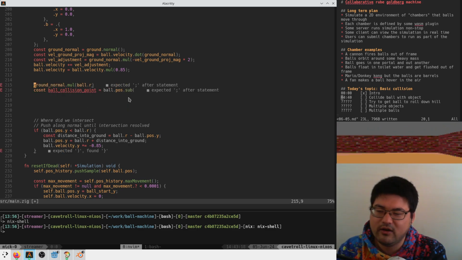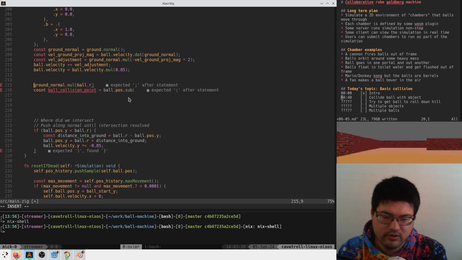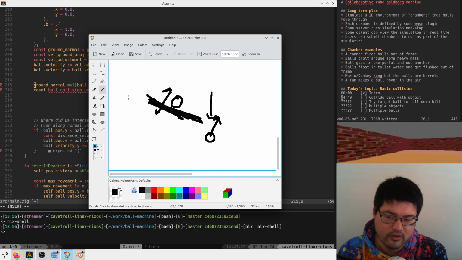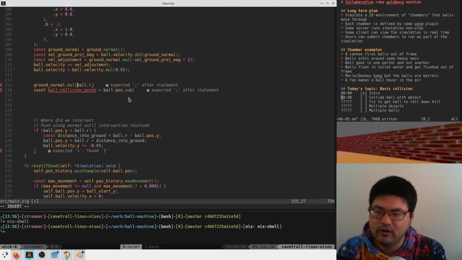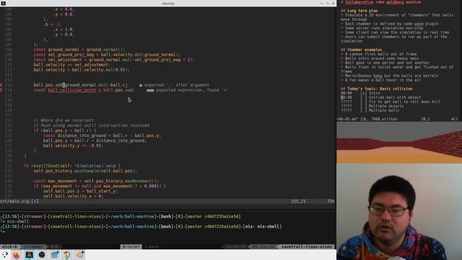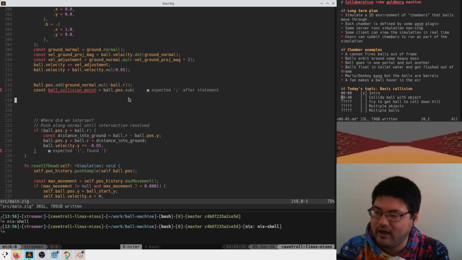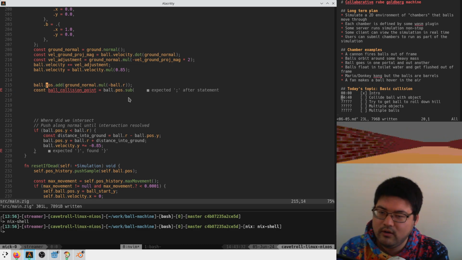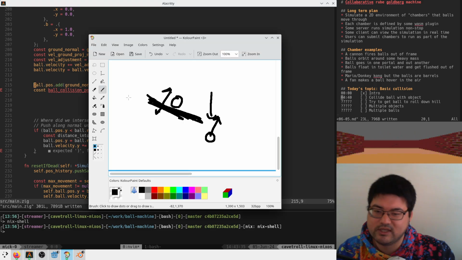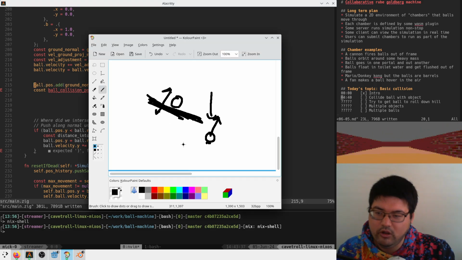And then we add this to the ball center. So this gives us this point on the ball.